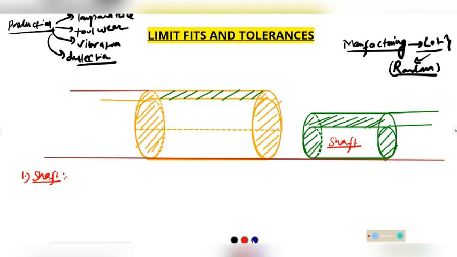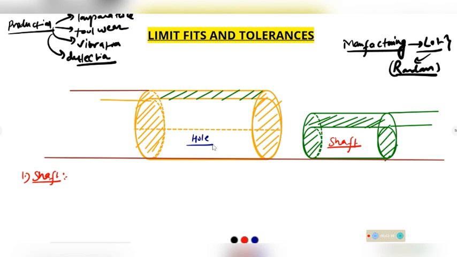And if we write this as a hole, then hole not only represents a circular hole, but also the internal dimension of a component. For example, if we consider the hub, then the hole will represent the internal dimension of that hub.